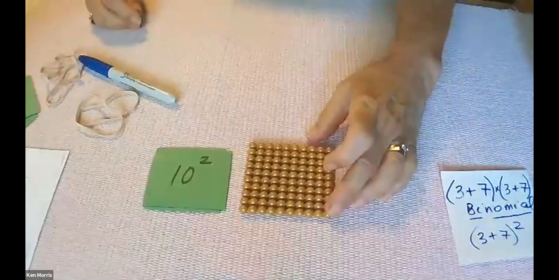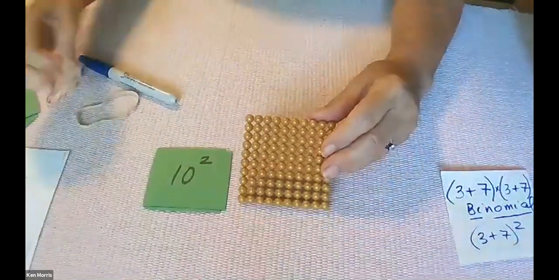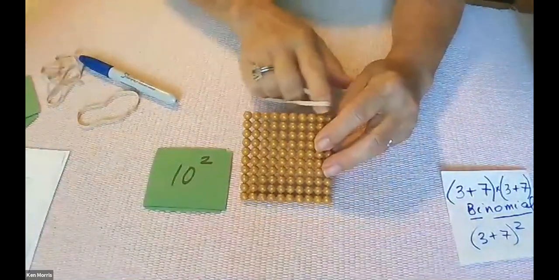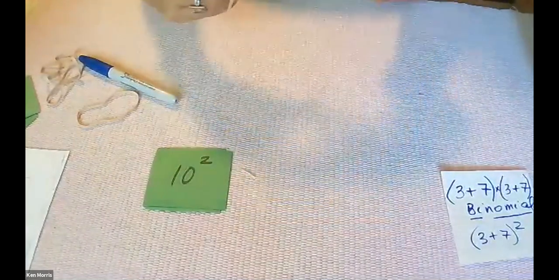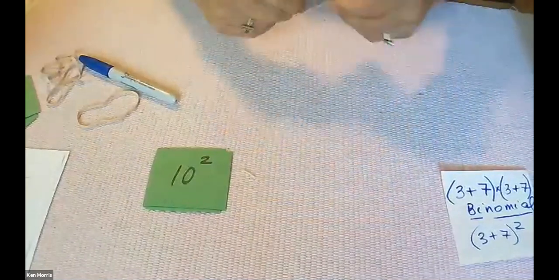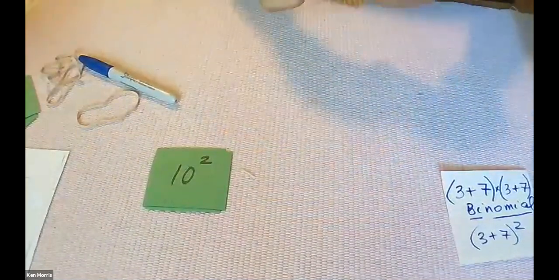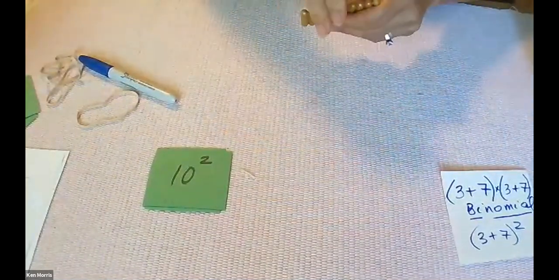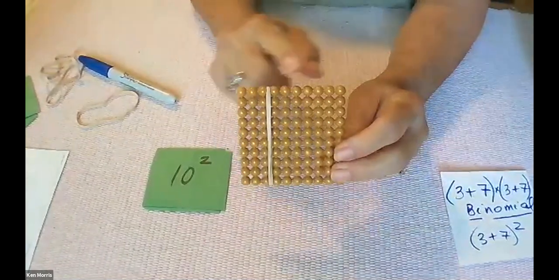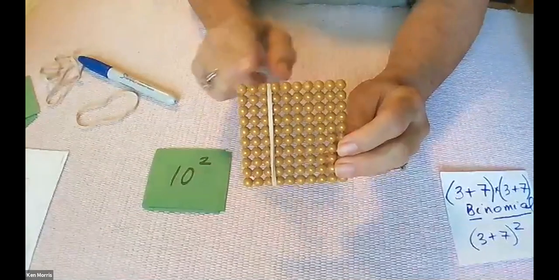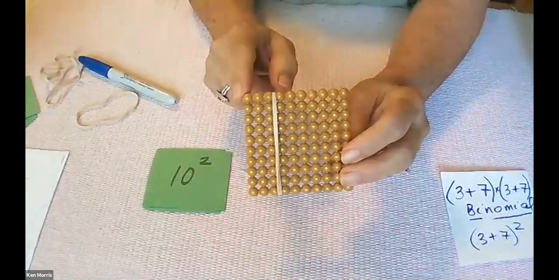All right, so if we now break up the 10 on this side into 3 plus 7, simply by putting a rubber band, I've broken it up into now 3 plus 7. It's no longer 10, it is now 3 plus 7.